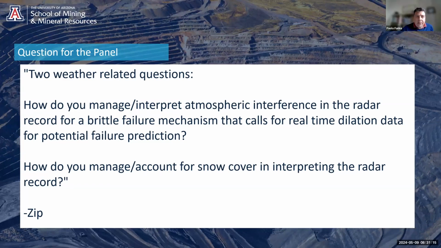Paolo, go ahead. I can try to address this. It really depends on the size of the moving area, and typically I would expect that a brittle failure is probably not covering a very large area. It could be bench, double bench, multi-bench, and typically the atmospheric interferences that we experience at the mine site cover a larger area.